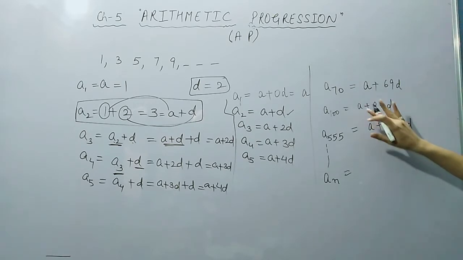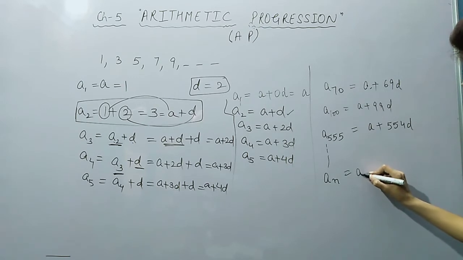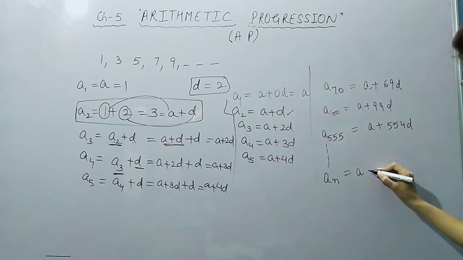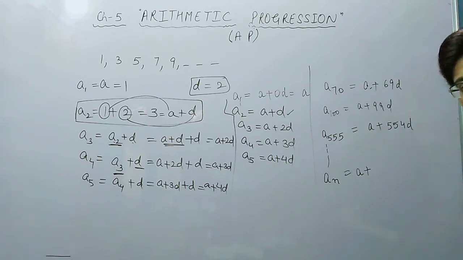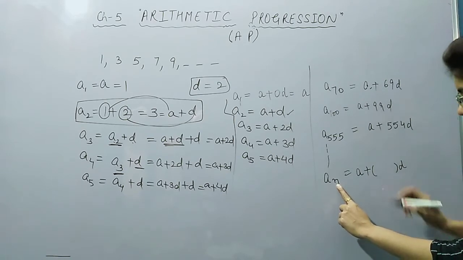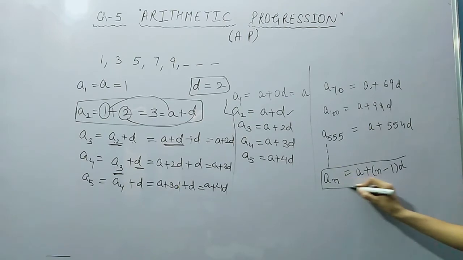How? a is common everywhere, so a. Then there is plus everywhere, so here will be plus. And I told you the coefficient of d is 1 less than this number, means n minus 1. So this is our formula: an equals a plus (n minus 1) d.